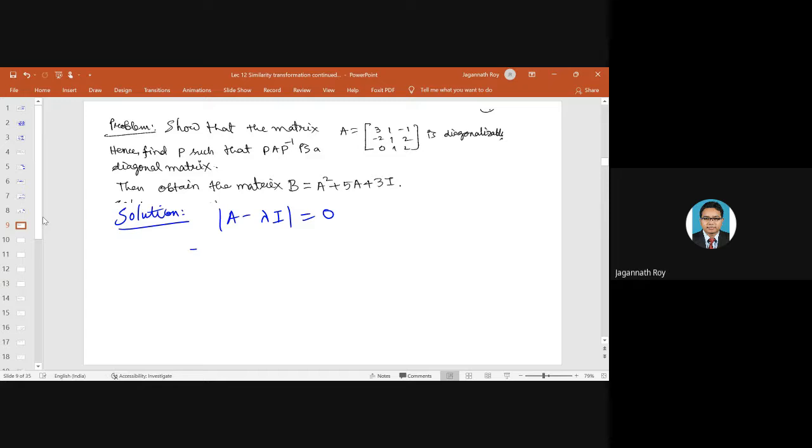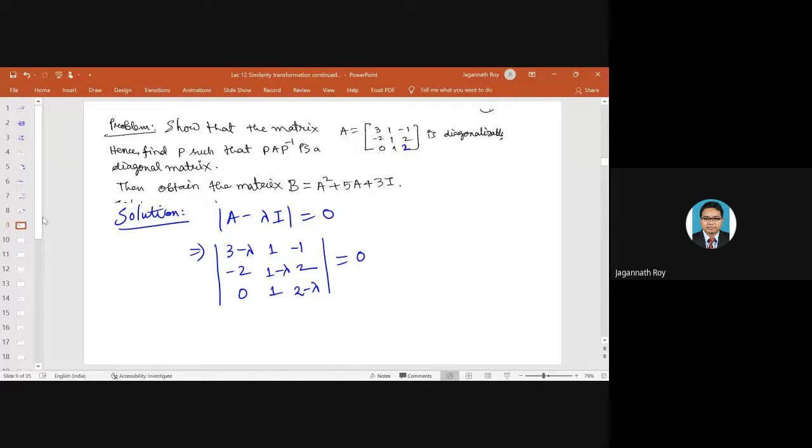So the characteristic equation will be: 3 minus lambda, 1, minus 1; minus 2, 1 minus lambda, 2; 0, 1, 2 minus lambda; equals 0.